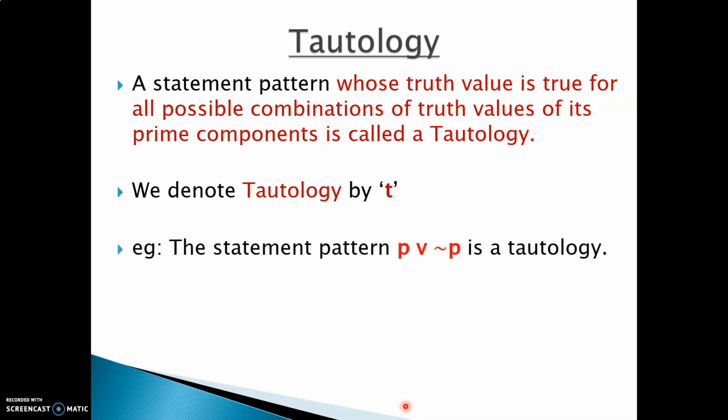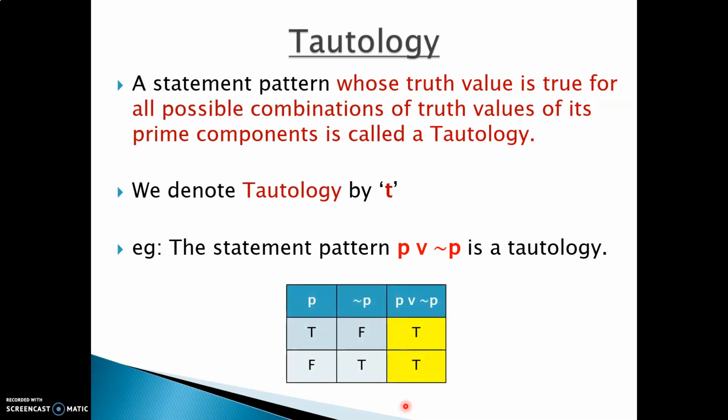The statement pattern P or negation P is a tautology. I'll show you the truth table here. The two values of P are true and false, and negation P is: negation of true is false, negation of false is true. Now the combination P or negation P: true or false is true, false or true is true. So in the last column the statement pattern values are only true. So it is called a tautology.